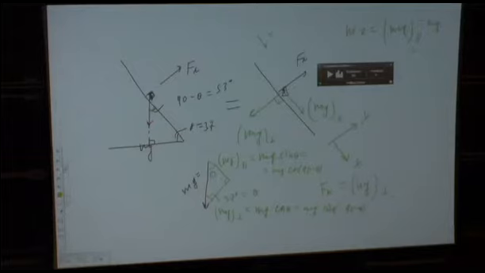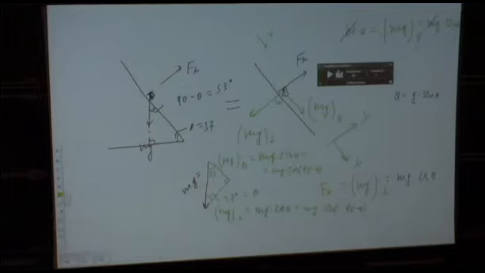So for example, if we want to calculate the acceleration, we just have to use the expression for this component, sine theta. And if there is no friction, the solution is very simple. Mass cancels. Acceleration should be equal to g times the sine of this angle. For the normal force, we should use the second relationship. It should be equal to m times g times cosine of theta.